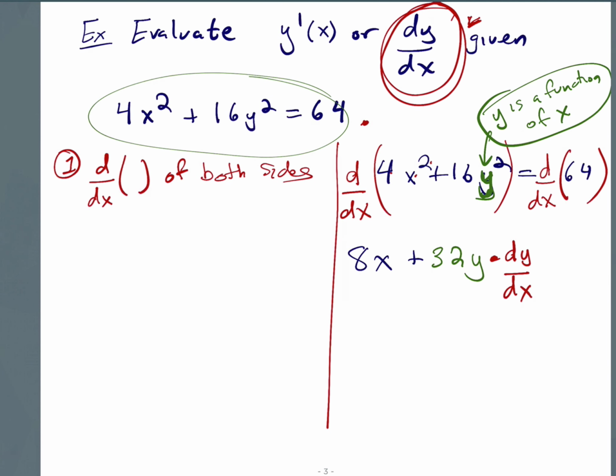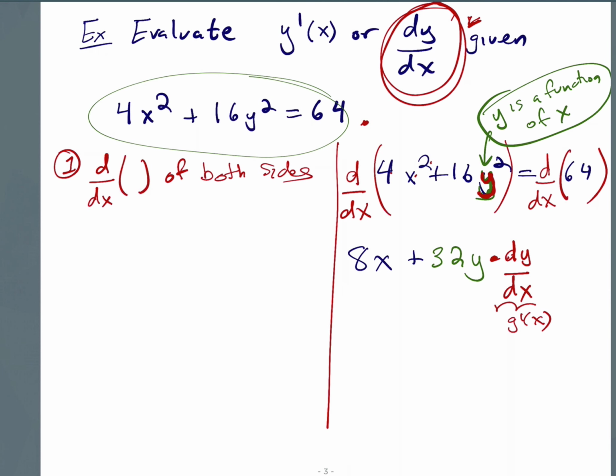So does that make sense why that dy over dx is there? It's from the chain rule. Because y is a function of x, when you get the derivative of this, you have to use the chain rule. So you do the power rule, 32y, times the derivative of the inside. This is like the g prime that I just showed you, right? Does that make sense?